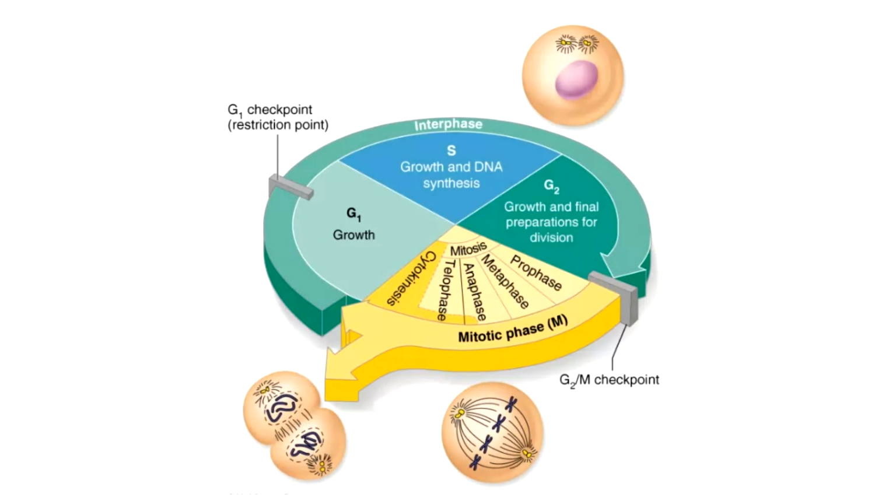Interphase is a part of the cell cycle where the cell is growing and where it's copying its genetic information. Once it's grown big enough and copied its genetic information, then it's ready to enter the process of mitosis. Mitosis includes 4 specific phases, 4 different things that a cell does to do the process of mitosis.